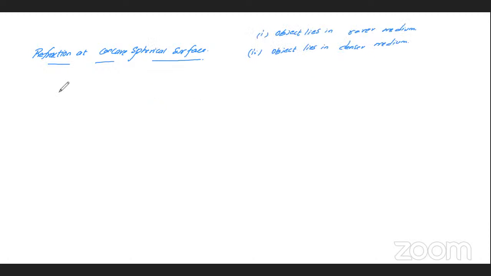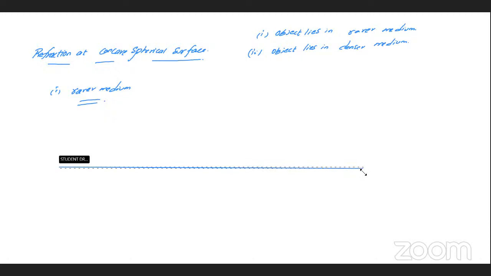So first case, here the object lies in the rarer medium. I'm just discussing the concave. So I'll take a principal axis as usual. There is a principal axis, and for this there is a concave surface. This is your concave spherical surface.